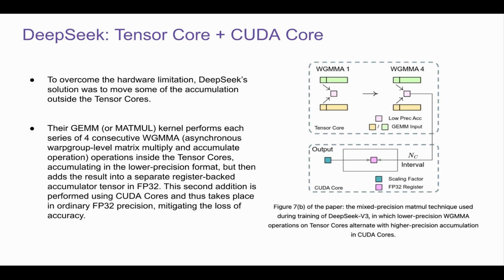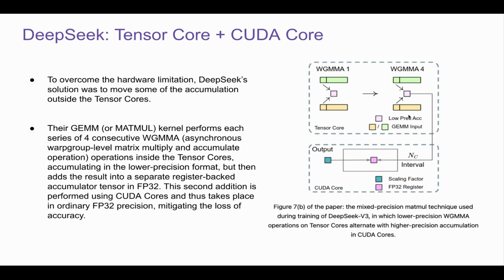You don't have to know the details about it, but just know this is one of NVIDIA's hardware operations for matrix multiplication and value accumulation. The operations are inside the Tensor cores, accumulating in the lower precision format. But then they add the results into a separate register-backed accumulator tensor in FP32. This happens in CUDA cores. So this mitigates the loss of accuracy.